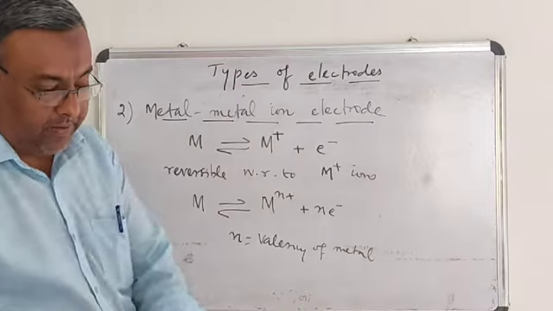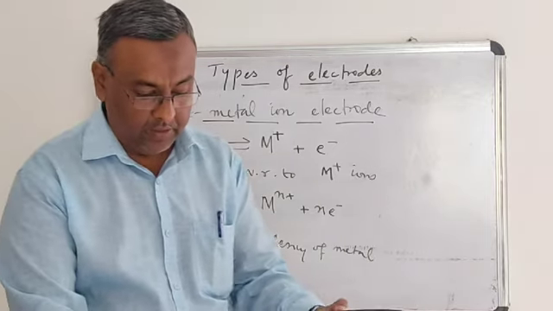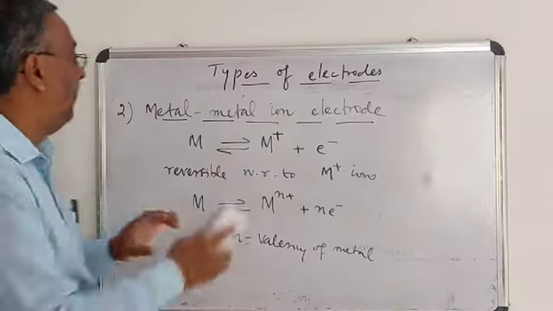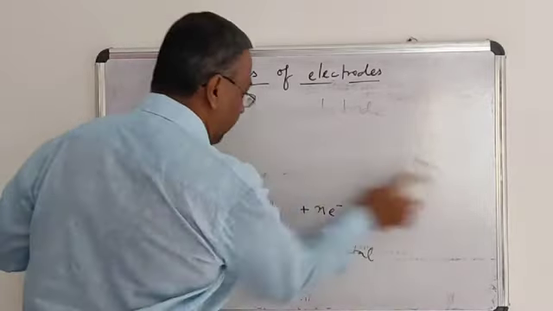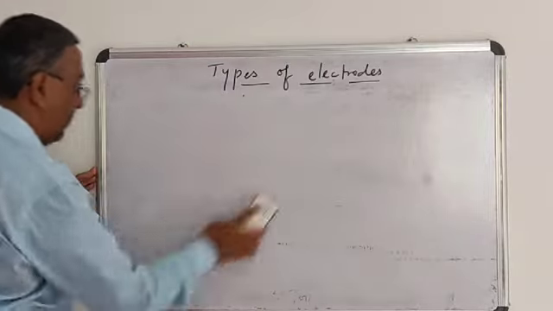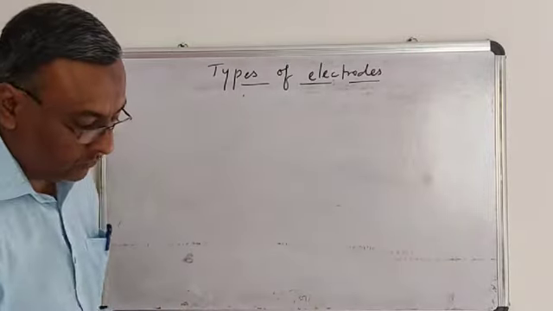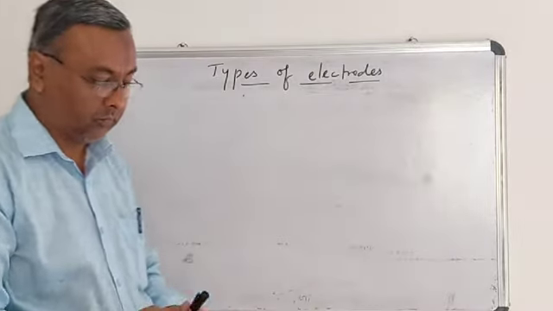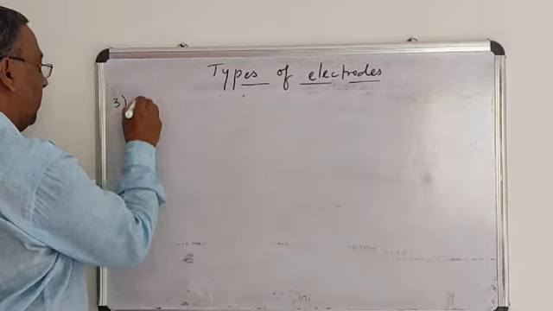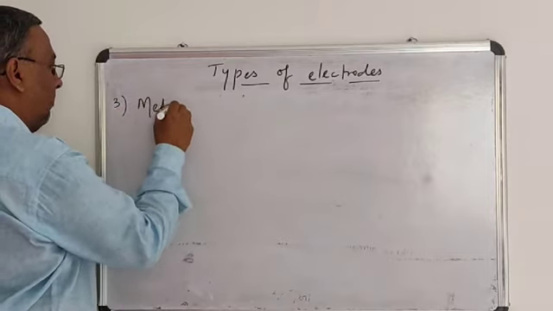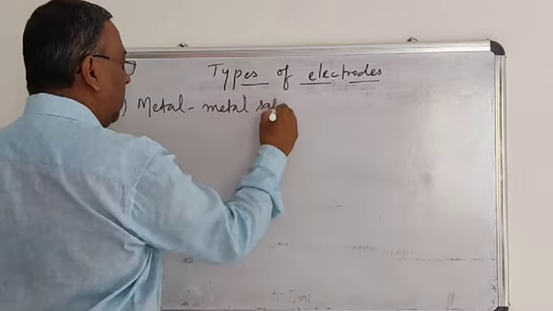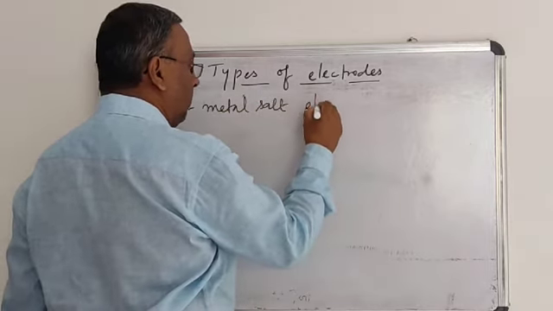The third type we are going to study, a very important one, is the metal salt electrode.